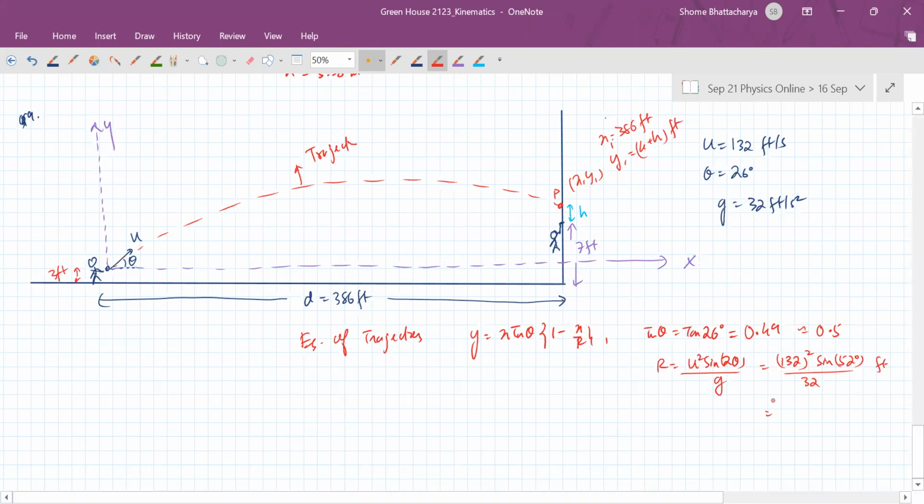So 0.8 multiplied by 132 squared divided by 32. So this will give me a range of around 435.6. It's an approximate value.